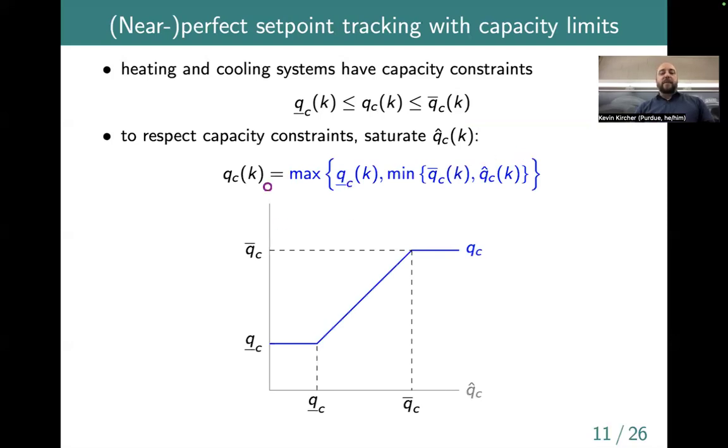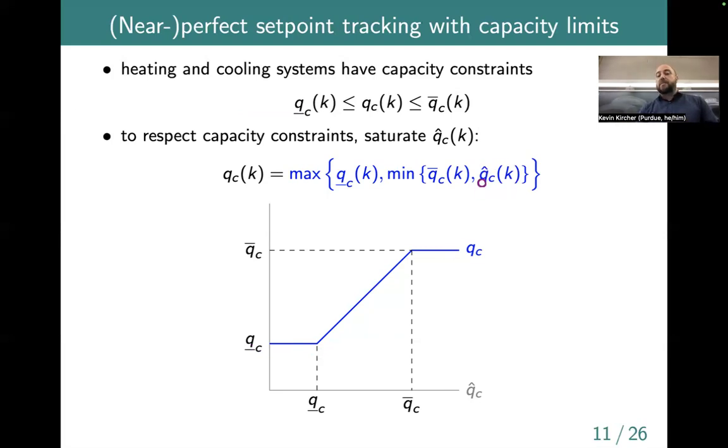Anyway, so here basically when simulating a building, we could do basically the same move. We could calculate the amount of heat or cooling that would in theory be needed in order to exactly track the user set point. But then we would saturate, this is called a saturation curve, saturate the desired heat or cooling provision within some reasonable capacity limits. And so we get this roughly S-shaped thing here. So say this is 0, we don't want to allow cooling.